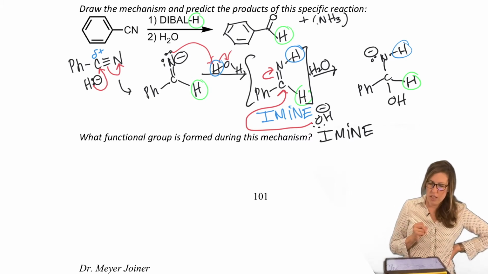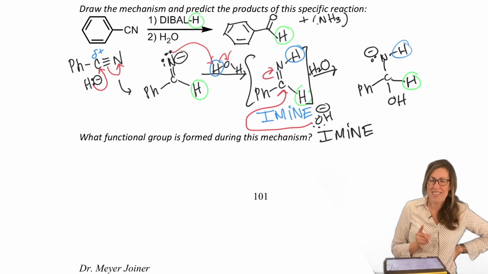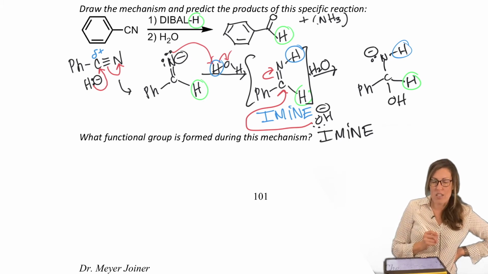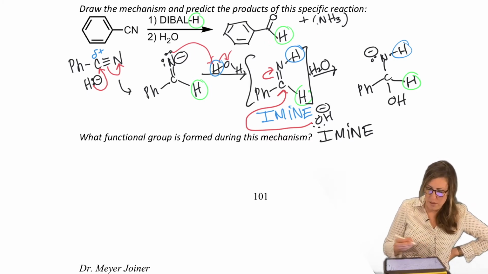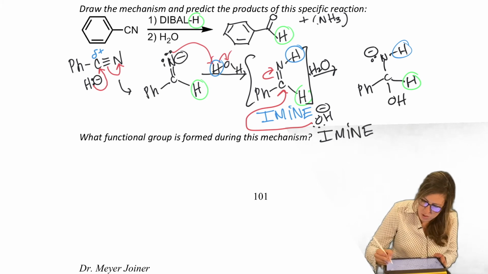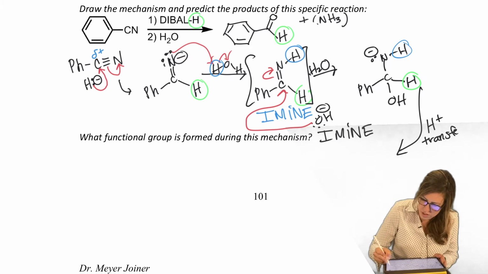Okay, so keep in mind what the end goal is. We need to get to the end where we make our aldehyde, and that as a result lose our nitrogen. So let's do that. Let's do proton transfer. I'll do it down here to have some more space. H plus transfer, just so we don't get all squished.